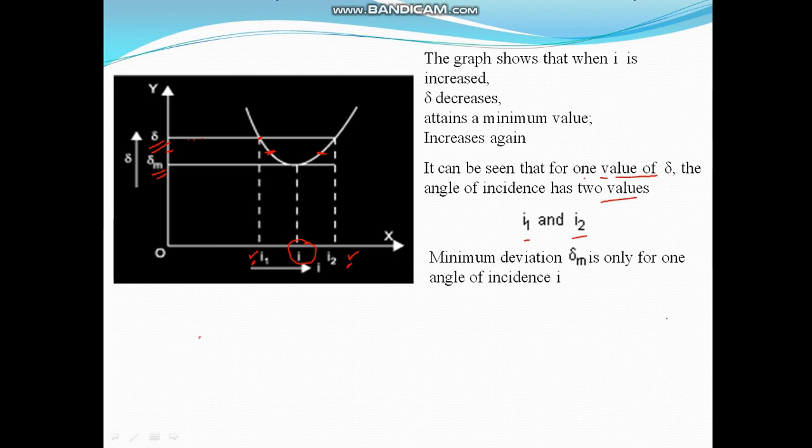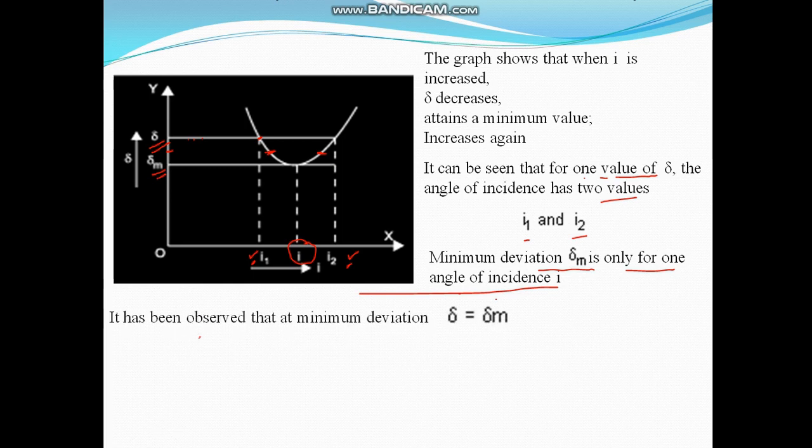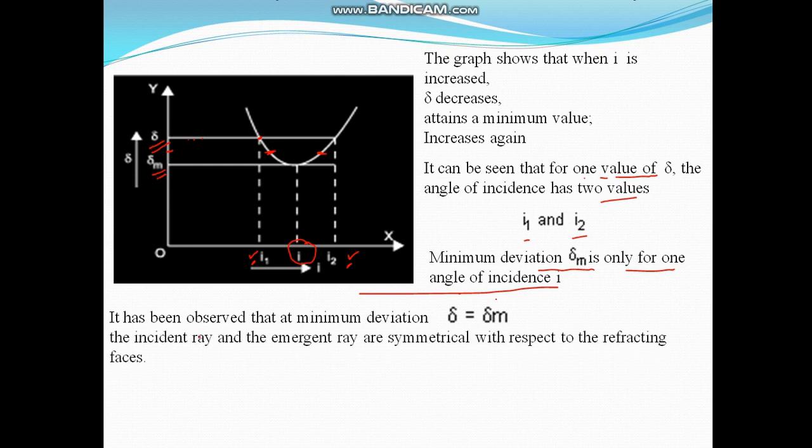That is why it is written over here that minimum deviation del m is only for one angle of incidence, whereas other values of angle of deviation are possible for two values of angle of incidence. Now it has been observed that at minimum deviation, the incident ray and the emergent ray are symmetrical with respect to the refracting faces.